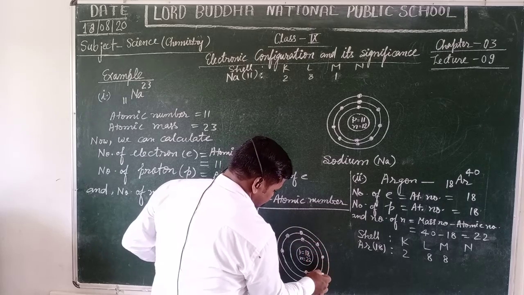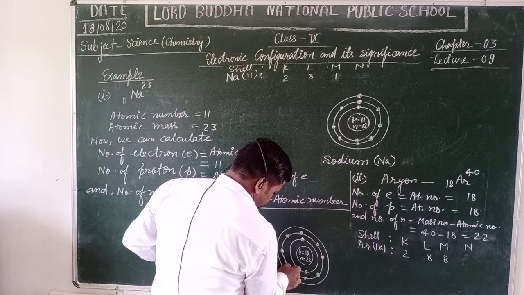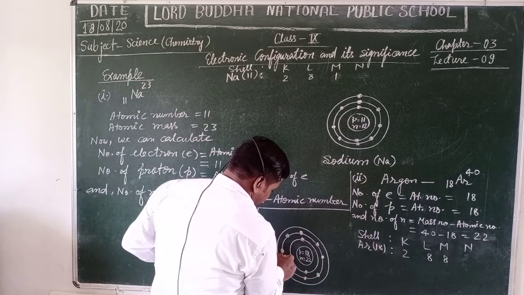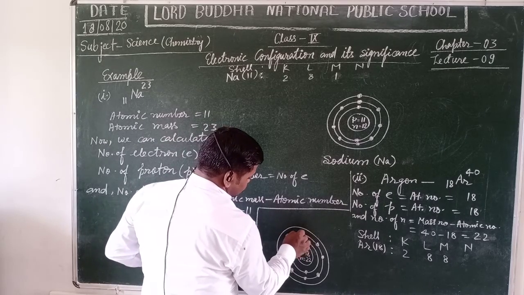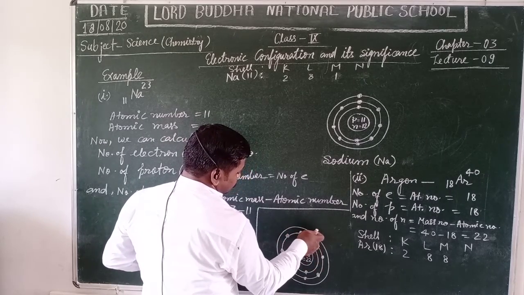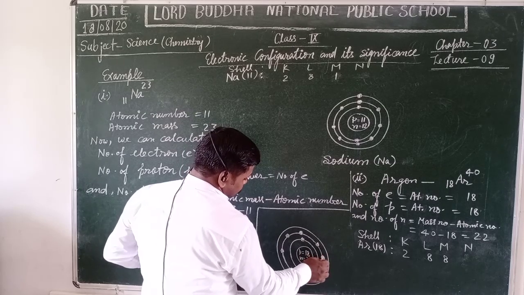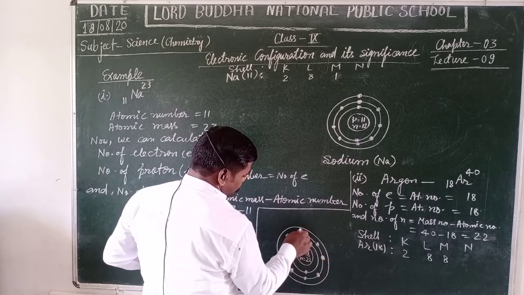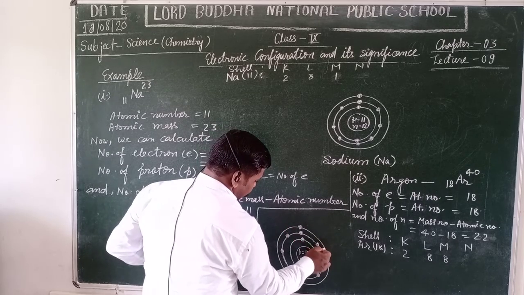The electrons are arranged in such a way that they can be easily counted. You should not just illustrate the electrons here and there. These electrons are arranged in such a way that they can be easily counted, just as I illustrate in the diagram.